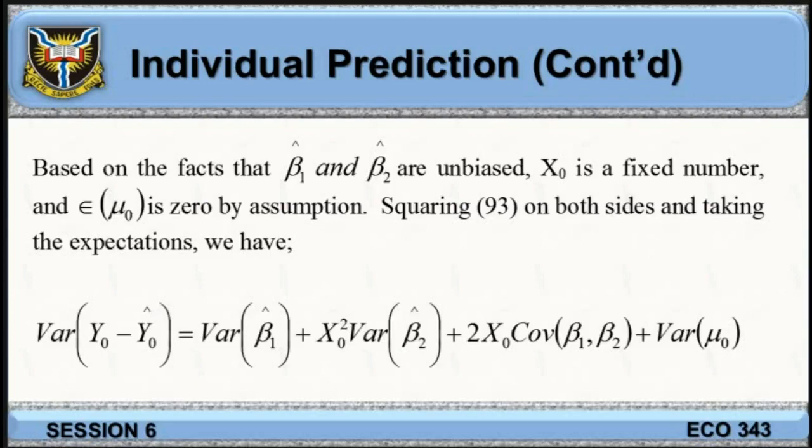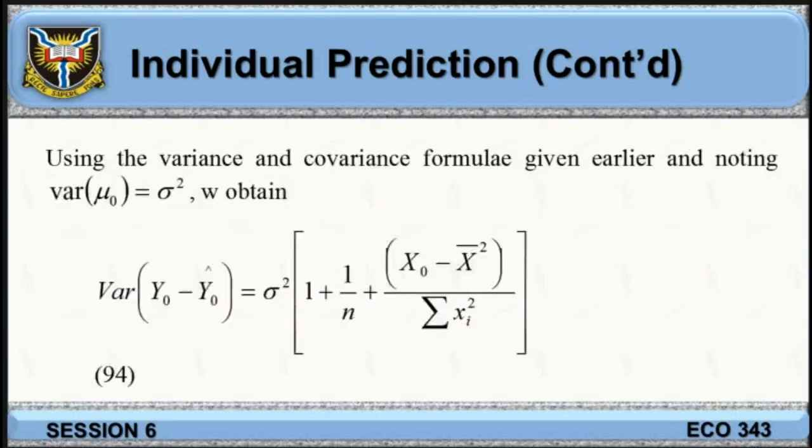Squaring 93 on both sides and taking the expectations, we have the formula below. Using the variance and covariance formulae given earlier, and noting the variance of mu naught is equal to variance, we obtain the formula below. Reporting the results of regression analysis.